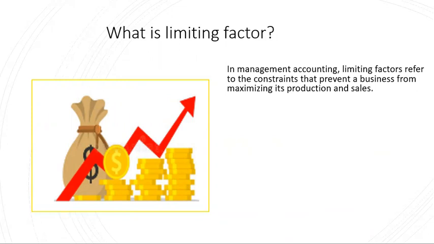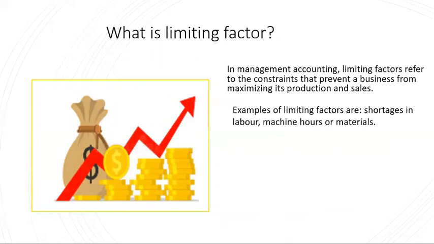But here come the limiting factors. Because of limiting factors like shortage of labor, machine hours, or materials, a company cannot produce as much as it wants. It is forced to produce as much as it can with the available resources like labor, machine hours, and materials.